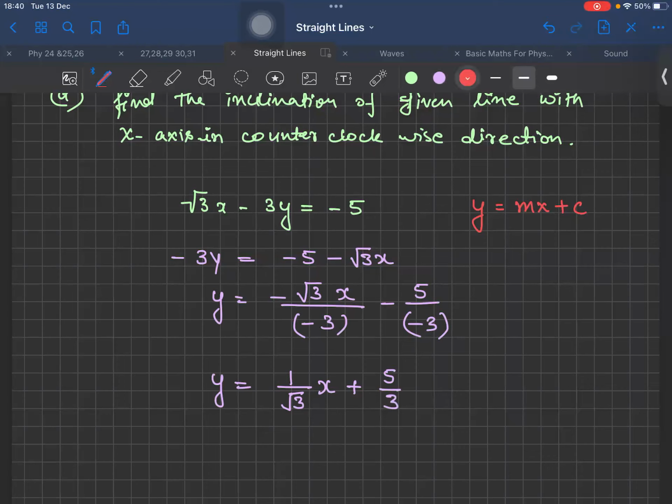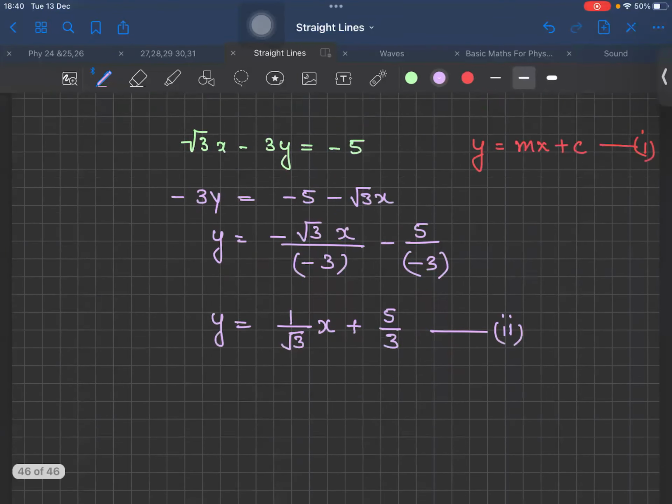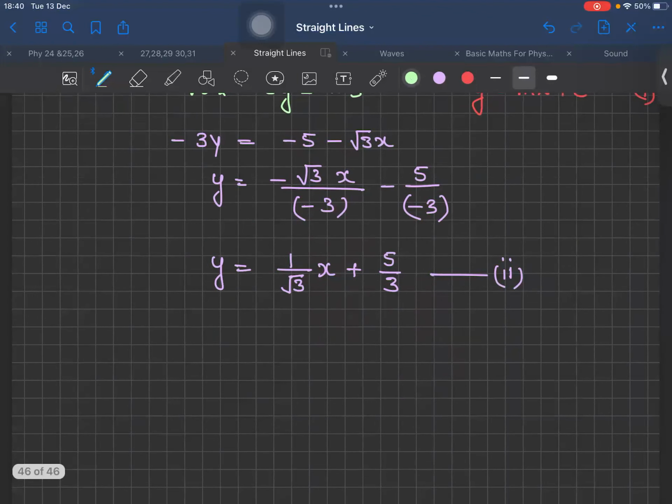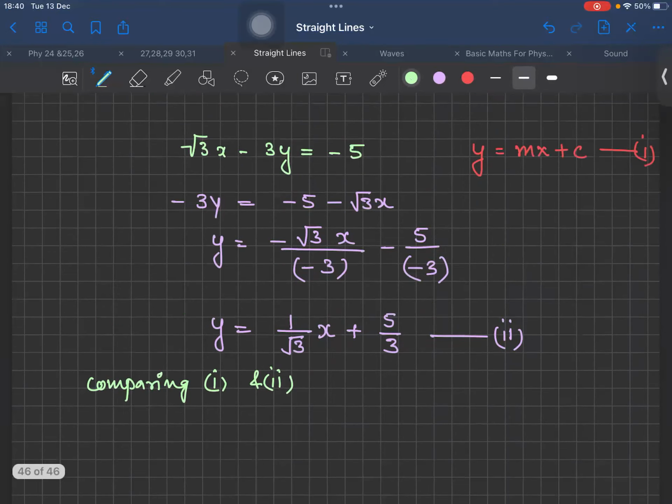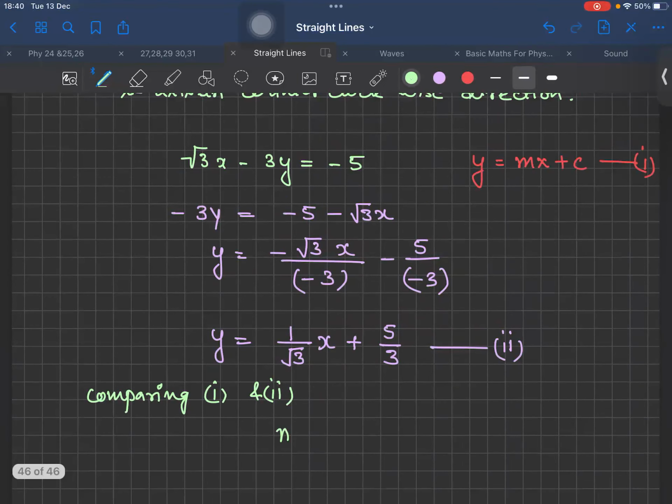If we compare this, let's say this is equation number 1 and this one is equation number 2. Comparing one and two, the value of m is 1 upon root 3, and the value of c is 5 upon 3.